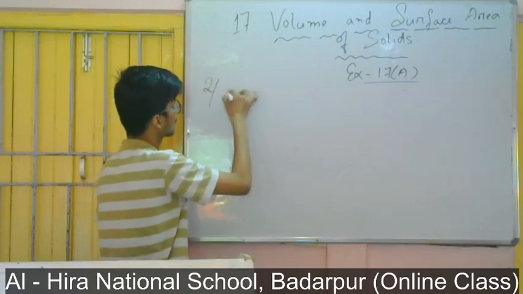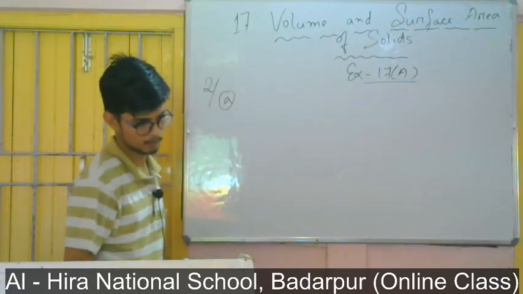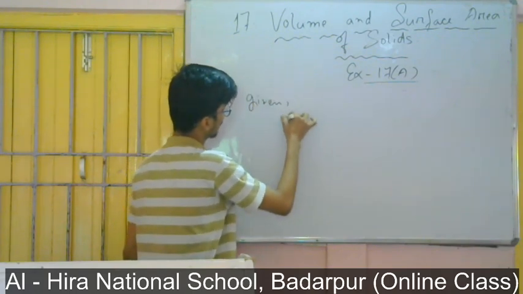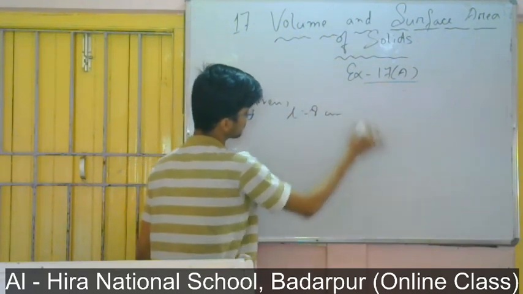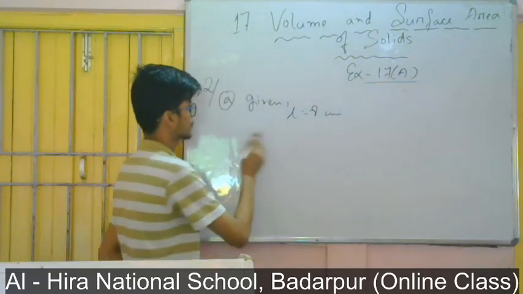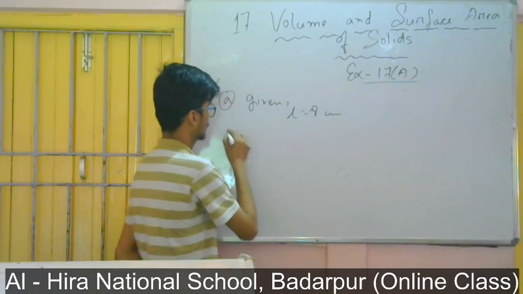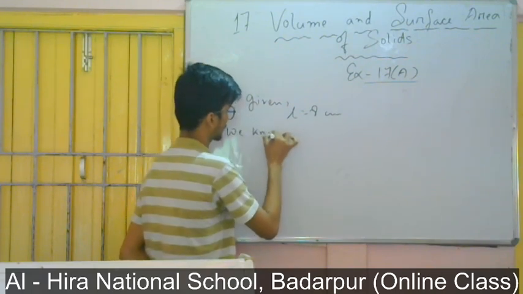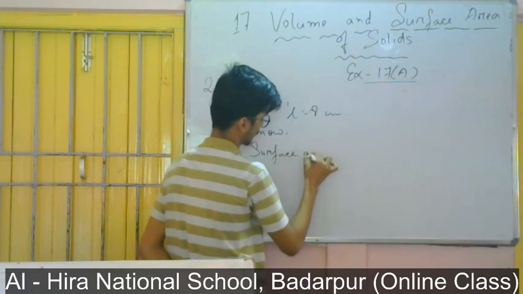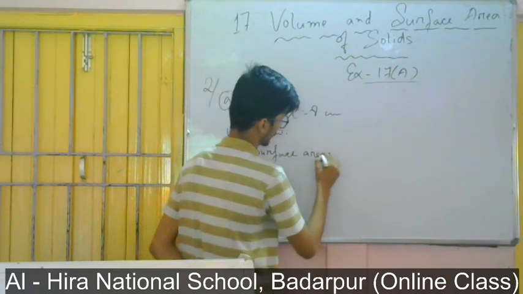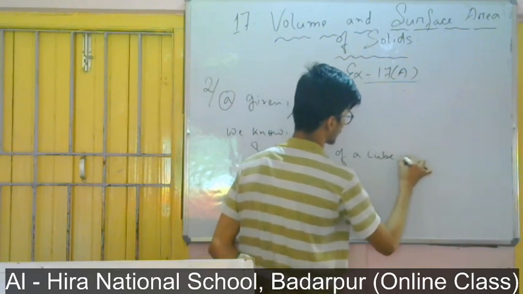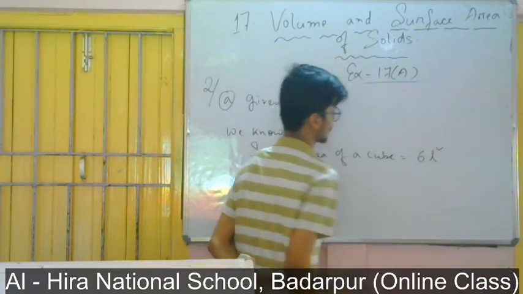Question number 2, Roman number 1. So given L equals to 8 centimeter. So we know surface area of a cube equals to 6L square.